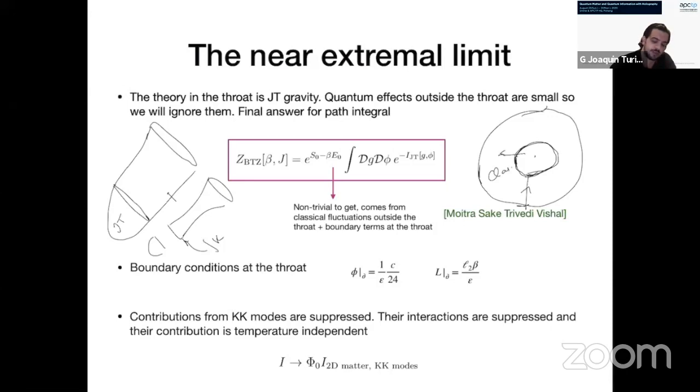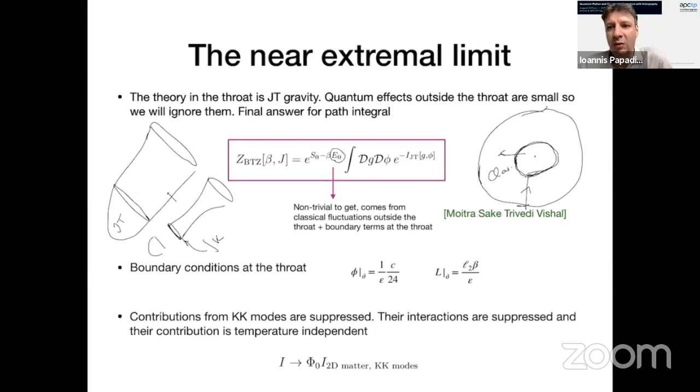When you compute the action here and you include the Gibbons-Hawking term in this boundary, it gives you the extremal energy. What I mean is, if you would just compute the classical path integral without this subtlety, you wouldn't get the extremal energy. You would get the energy that corresponds to this inverse temperature. But that correction will come from the JT mode instead. Right.